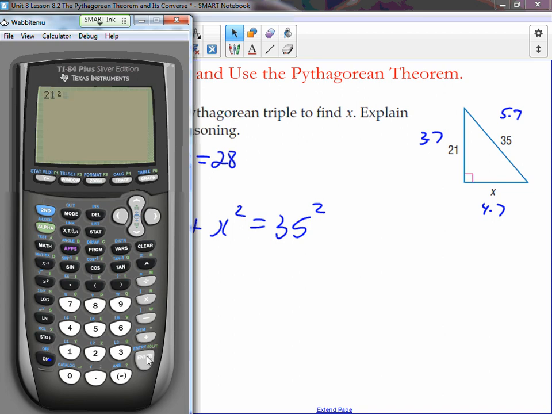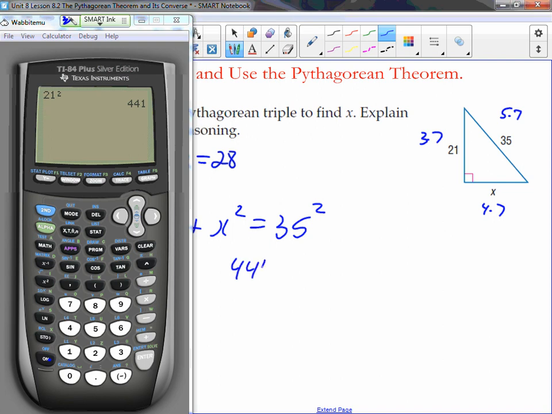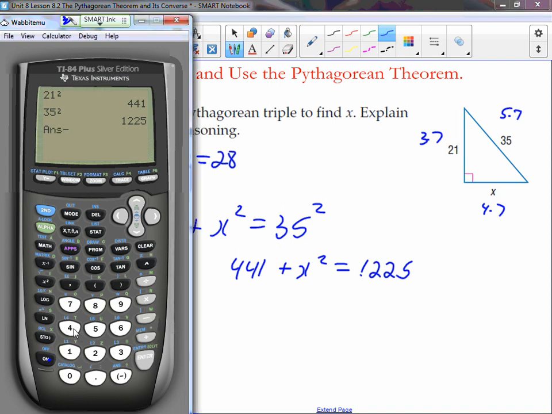21 squared is 441 plus x squared equals 35 squared, which is 1225. Then we subtract 441 from both sides.